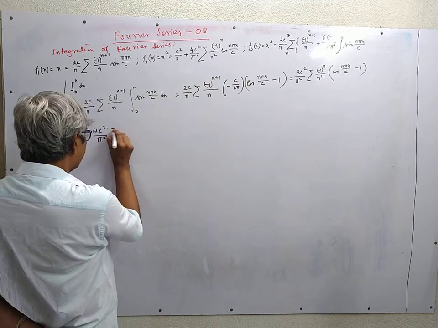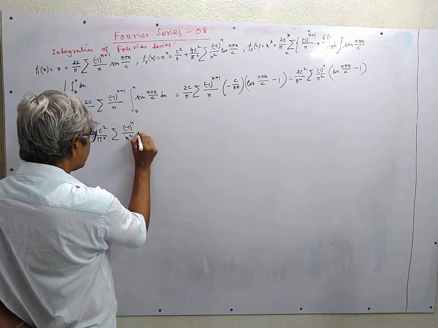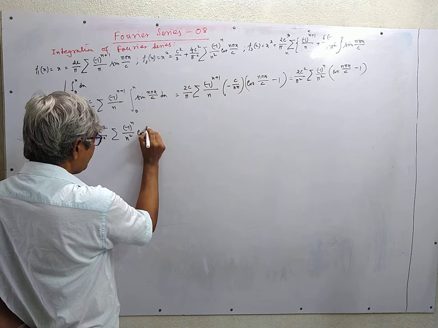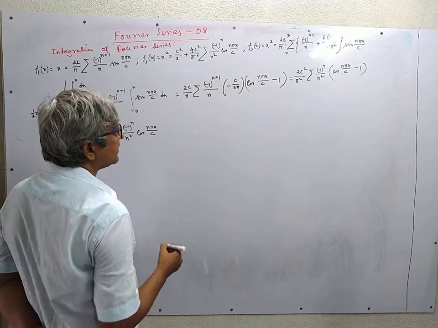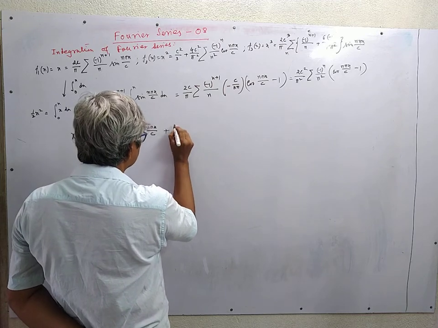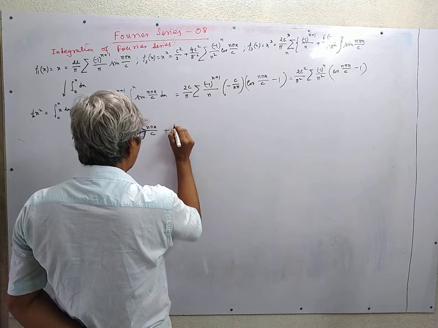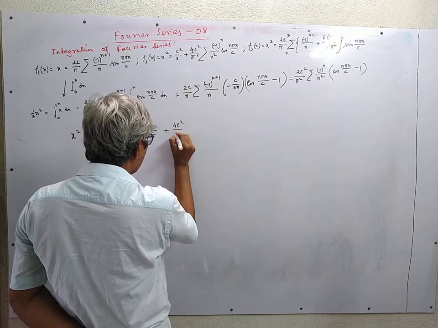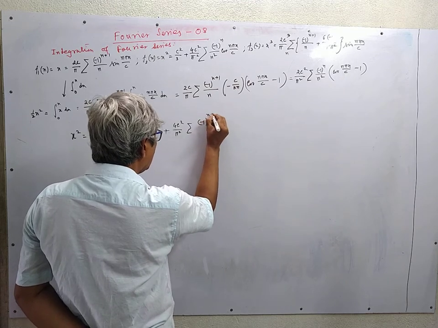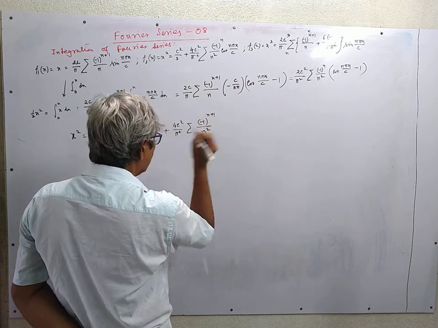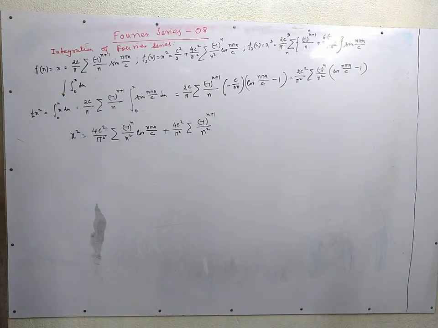Then we will have summation over n, minus 1 to the power n, n square, cos of n pi x by c, and the term is plus... this is the result.